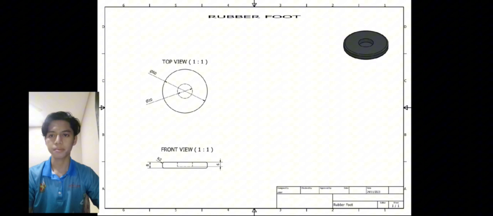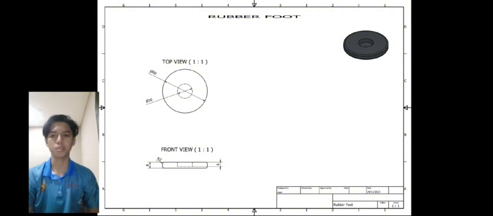So the height of this rubber foot is 8 millimeters, and the inner part that will cover the bottom of the screw is 6 millimeters. The diameter is 60 millimeters, while the hole of the screw diameter is 20 millimeters.